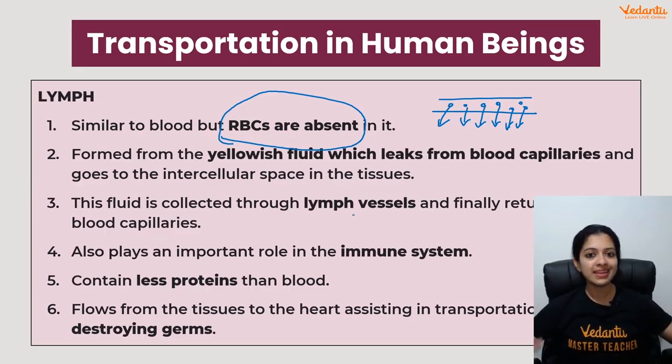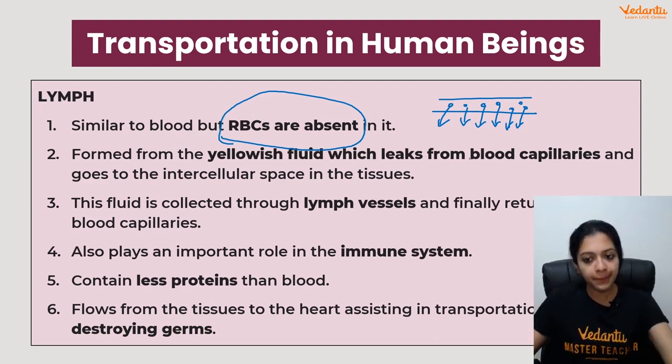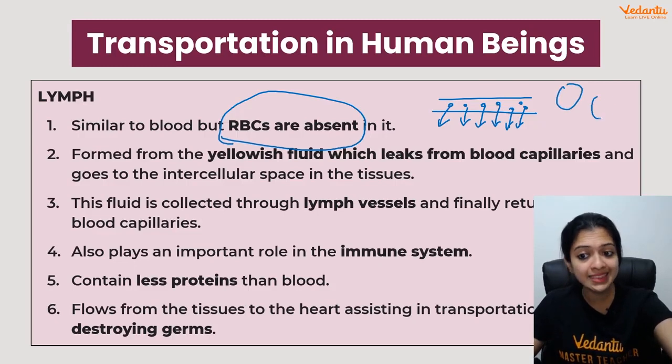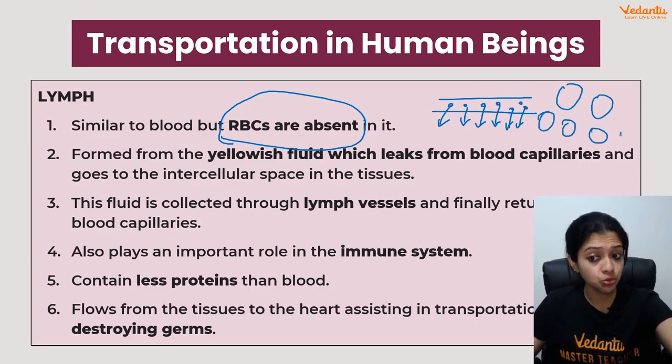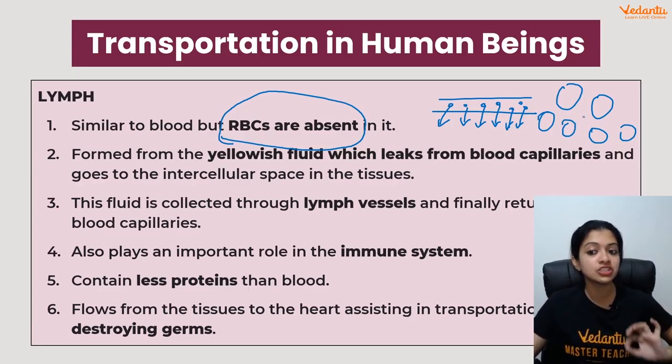But our body, or nature rather, always has a very smart solution to all this whenever it designs living organisms. And that is the lymphatic system. All this fluid gets accumulated in between these tissue spaces, so now we call it tissue fluid.